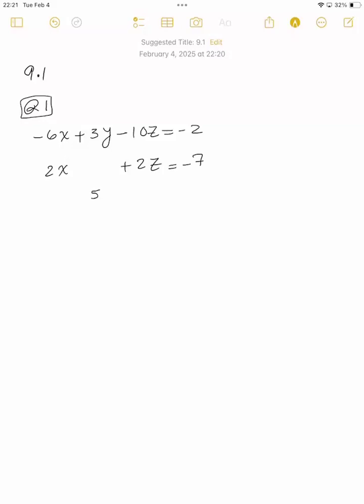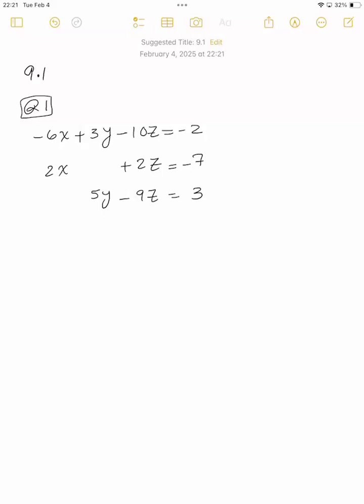And then we have 5y minus 9z equals 3. So the problem says, write the augmented matrix for the given system.